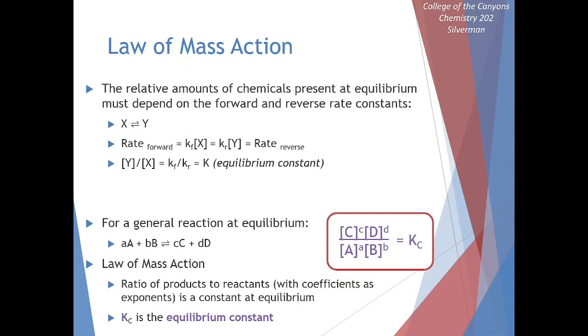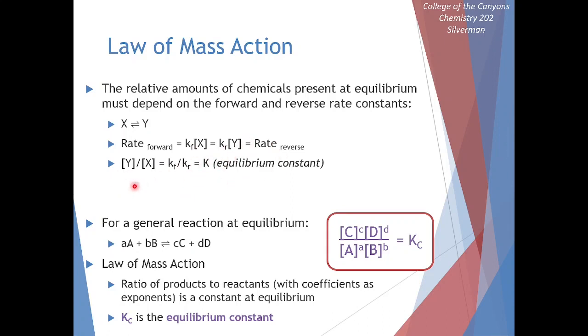We can present this another way. We can call this the law of mass action. If we're thinking about the rate of our forward reaction and the rate of a reverse reaction being equal to each other, we can tie these two rate laws together, but maybe we can rearrange this to have all of these concentrations on one side of the equation and all of the rate constants on the other side of the equation.